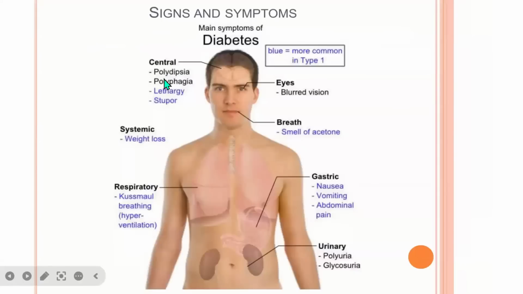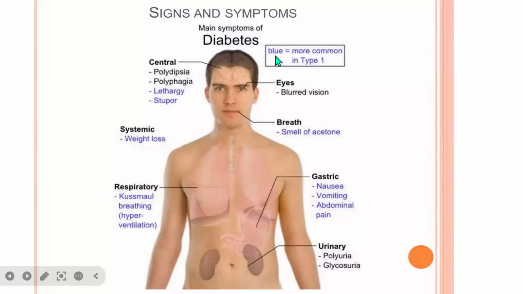Number one, it leads to polydipsia. It also leads to polyphagia, lethargy, and weight loss. It affects the breath, and it usually leads to the smell of acetone. Acetone is one of the ketone bodies, and it is more common in type 1.